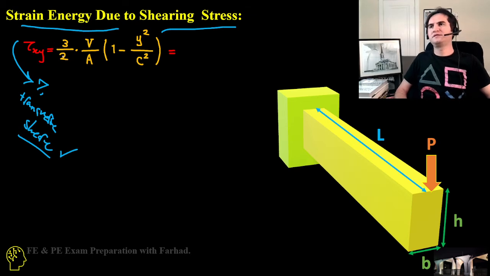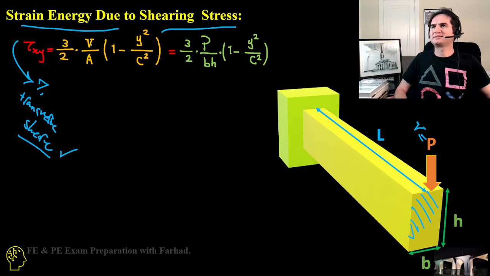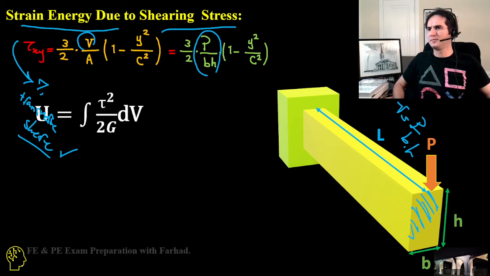If you calculate the shear in a rectangular cross section, you can easily see that it's 1.5 times shear over area. So our shear here is a vertical of P times (1 minus y squared over c squared). So replace V with P over BH.